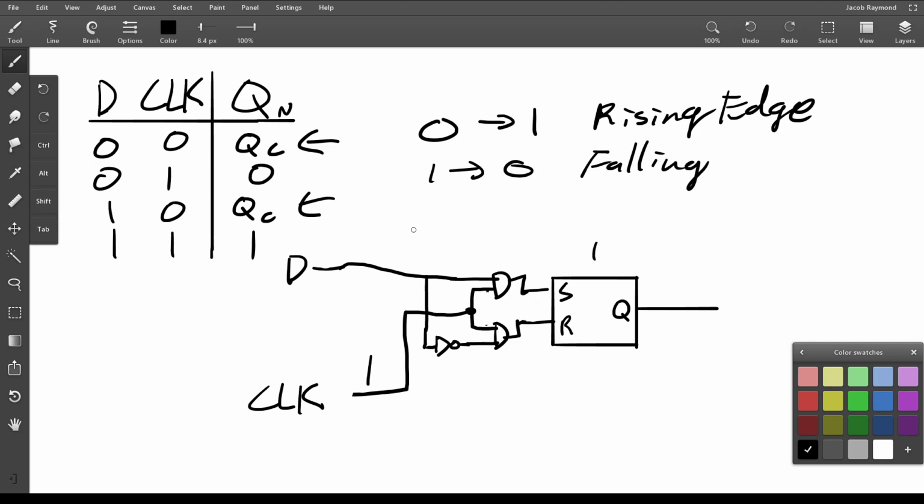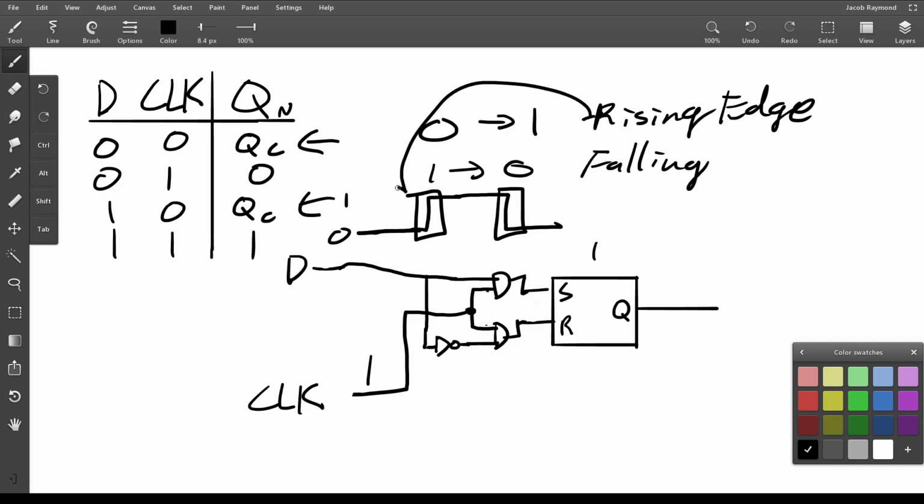Because if you look at a diagram of a clock, and you say this is 0 and 1, it starts at 0 and then it rises to 1. You want to write it at this exact moment. And if it's falling, you do it here. So rising is this one, falling is this one. And then a normal D-latch would write anytime in this window.